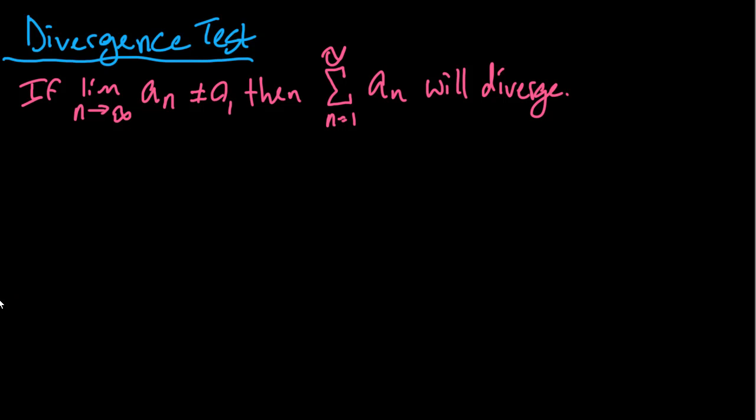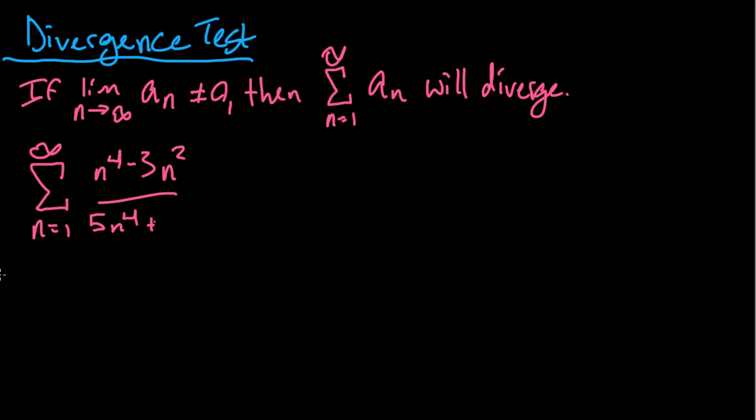Now let's put this into practice, right? So say we have a sum, and we are going to go from n equals 1 to infinity. And what is our sum going to be? Well, it can be anything we want. So how about we say n to the fourth minus 3n squared over, what do we want to say, 5n to the fourth plus 2.